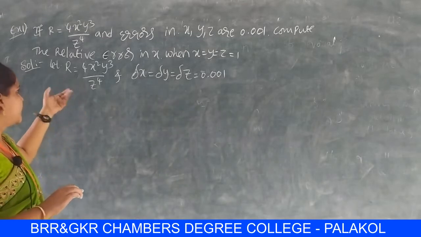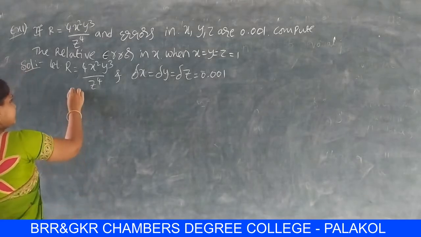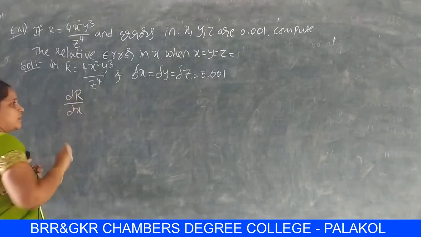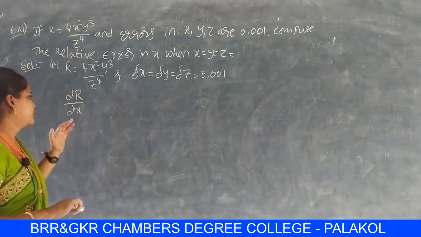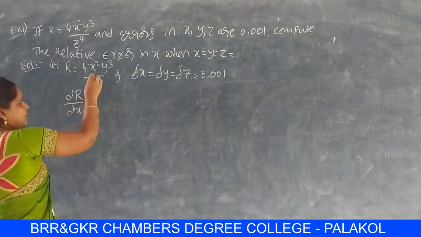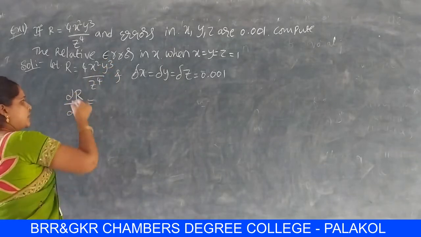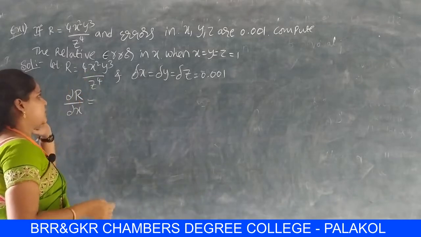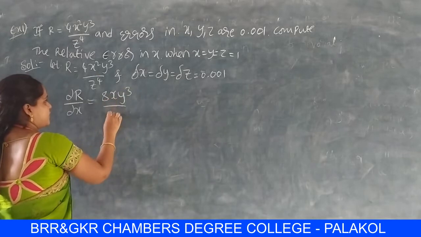First we consider dou r by dou x, the partial derivative with respect to x. 4 into y cube by z power 4 is constant, the derivative of x square is 2x, 2x into 4 is 8x y cube by z power 4.